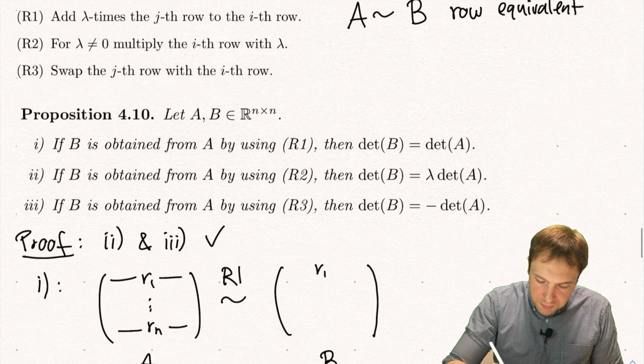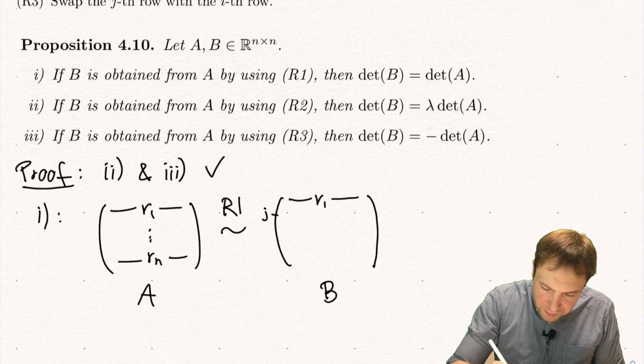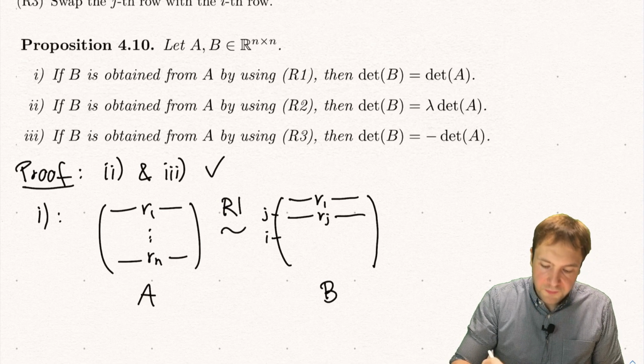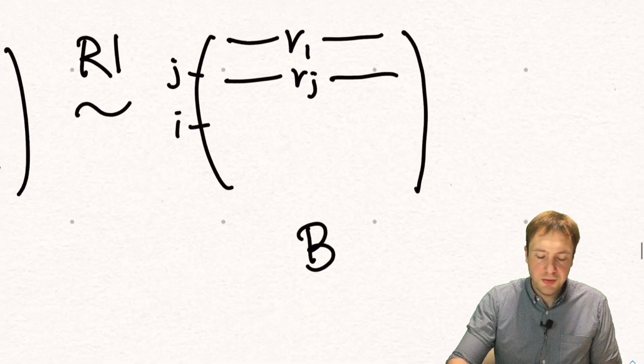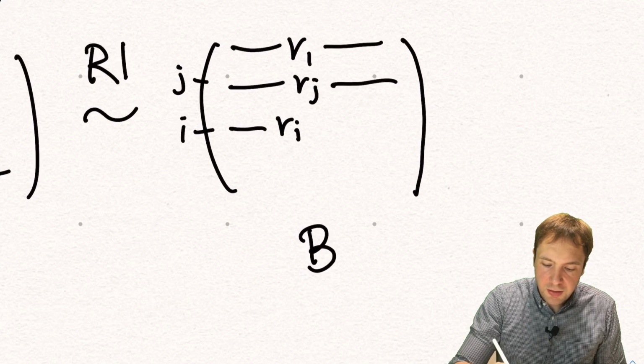So here I still have R1, but somewhere I have the row j, so there I have Rj, and I have the row i, and now here the row is Ri plus lambda times Rj.